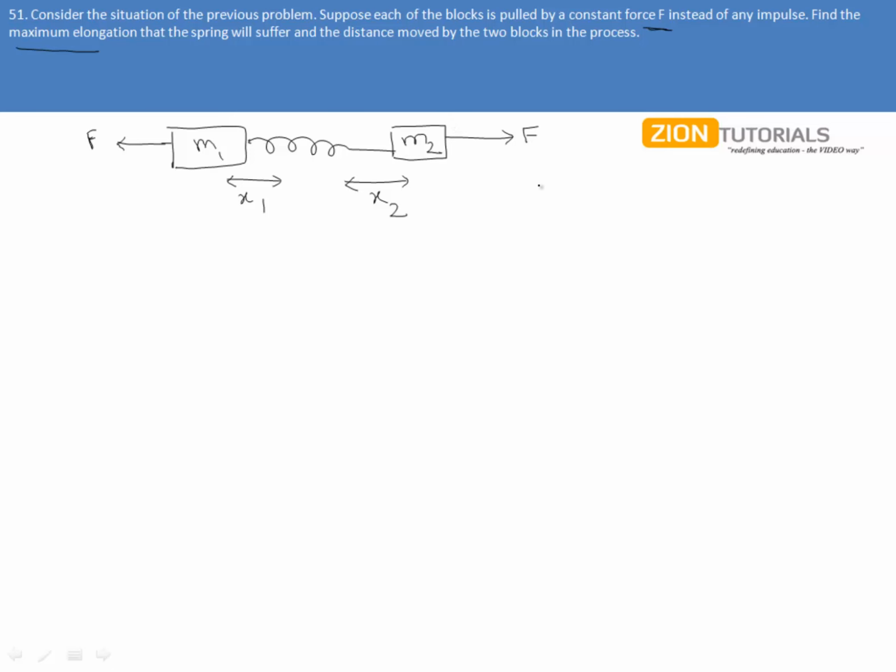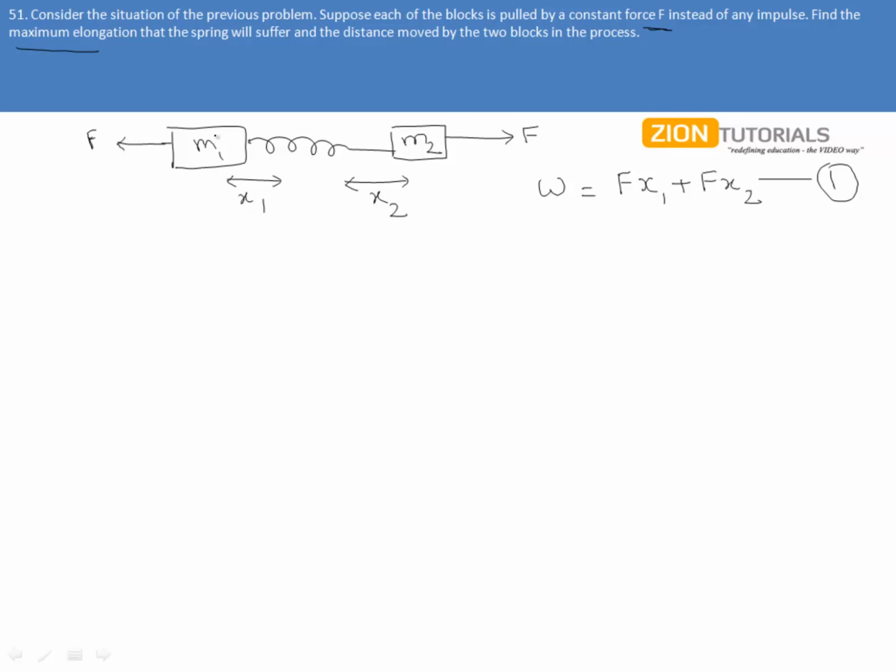Then I can find the total work done on the system to be the force F into displacement by this, that is x1, plus force F into displacement by this, that is x2. Let us mark it as equation number 1 and look at the change in the energy.